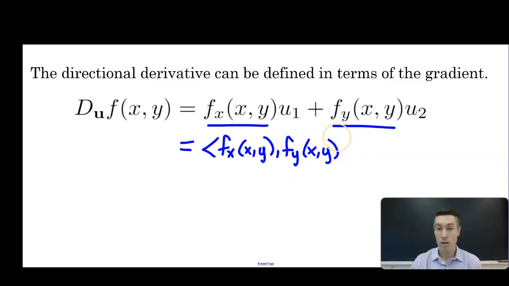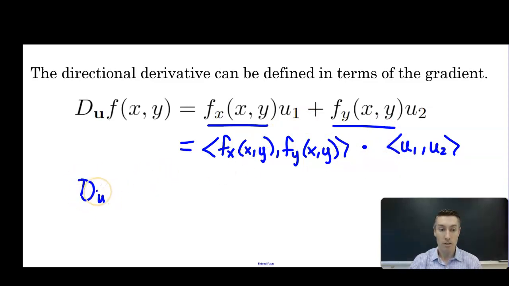And then u1 and u2 were also a vector, the unit direction vector. And the way that we would get this formula, the sum, would be by taking a dot product, right? It's the product of the like components, and we sum all of those up.